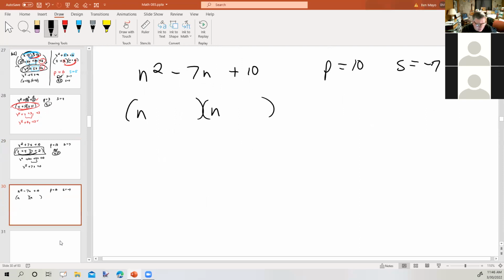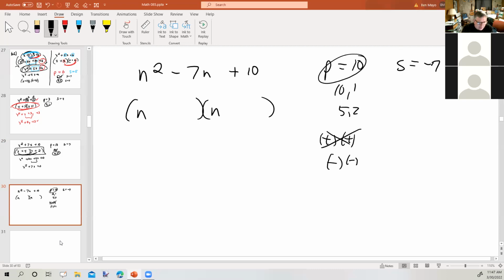Well, now, if I use 10 and 1 or 5 and 2, those both have a product of 10, but they both have a positive sum. I need to multiply two numbers together and get a positive product. So that would either have to be a positive times a positive or a negative times a negative to get this. But when I add those two numbers together, I need to get a negative sum.